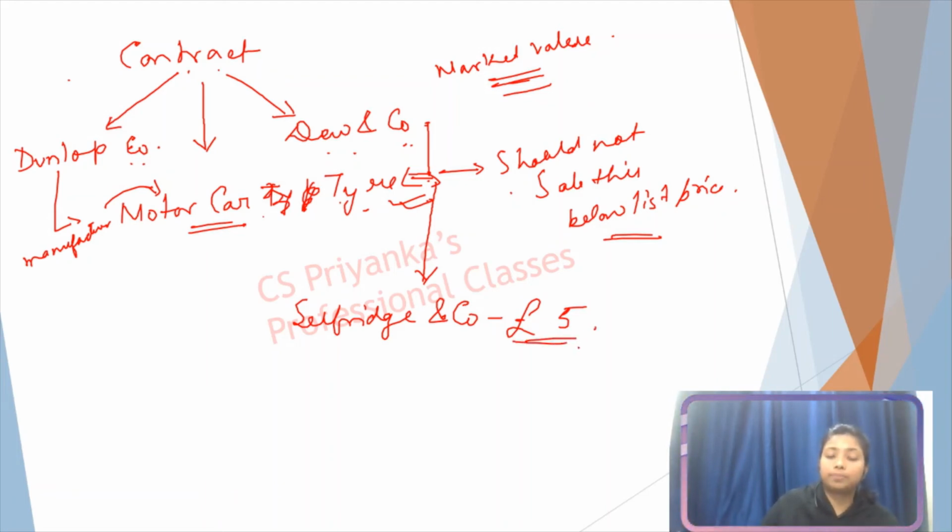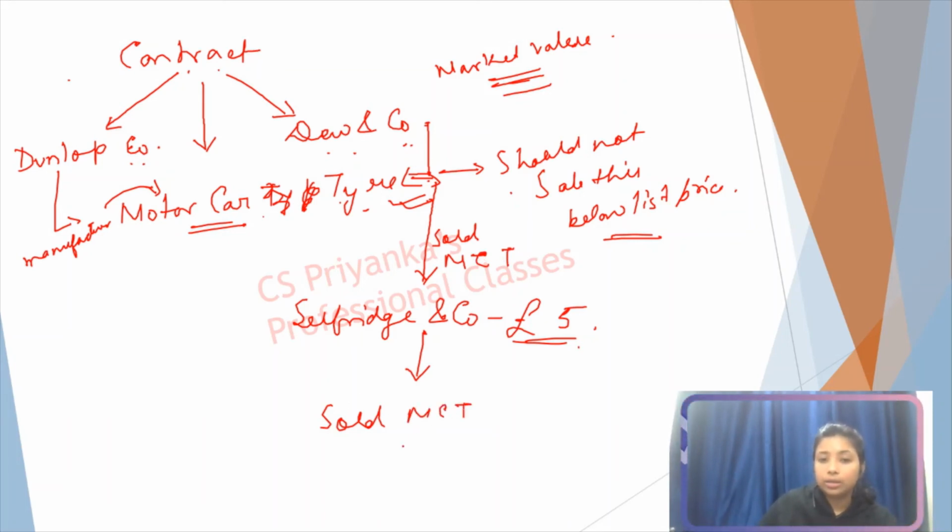This is okay. But Selfridge and Company sold this motor car tire, I'm writing in short MCT, to some other company below list price.